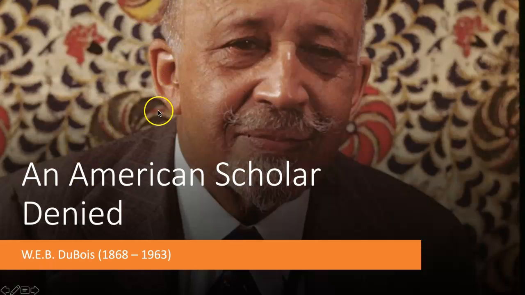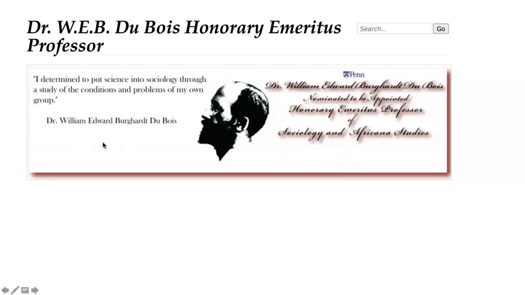But one way in which people started to try to make amends for this is that a few years back, the University of Pennsylvania, where Du Bois had a one year position early in his career, granted him the status of honorary emeritus professor. So basically, they made him a member of the faculty.